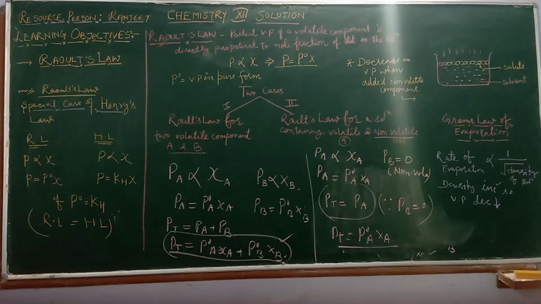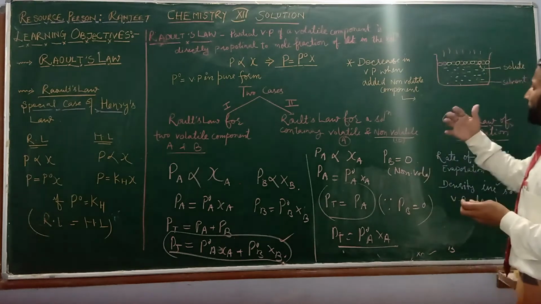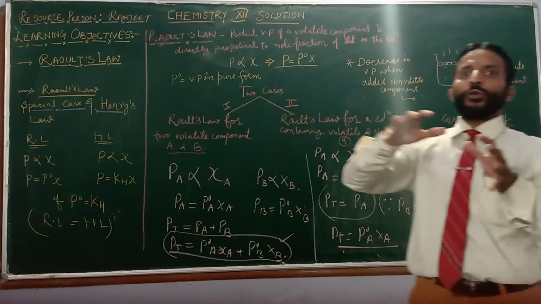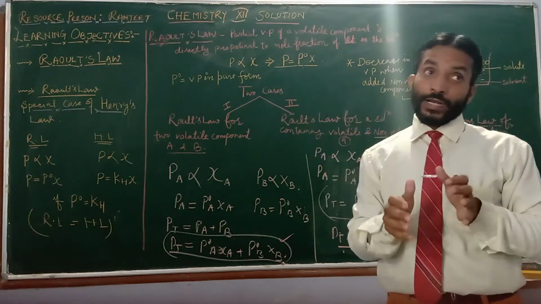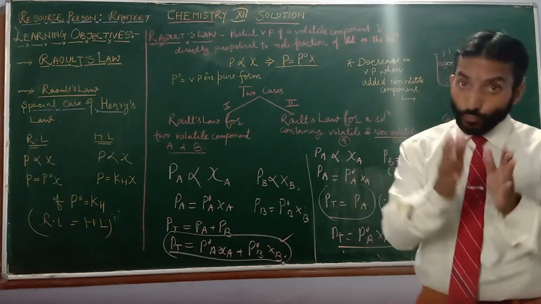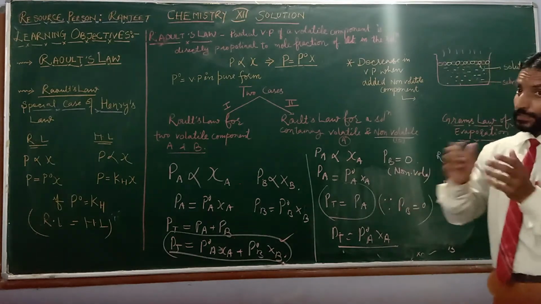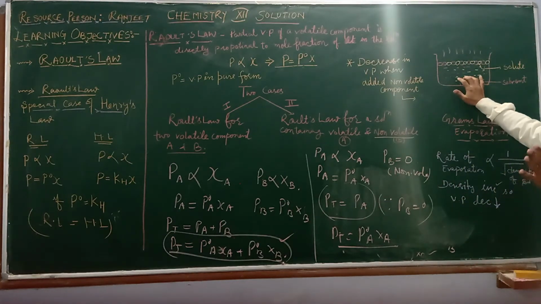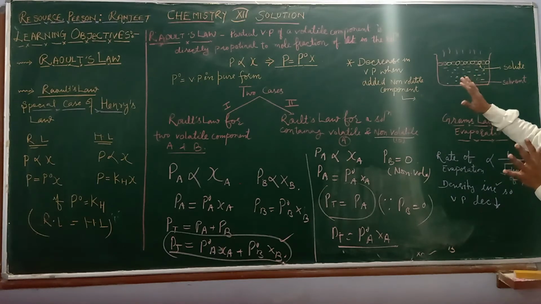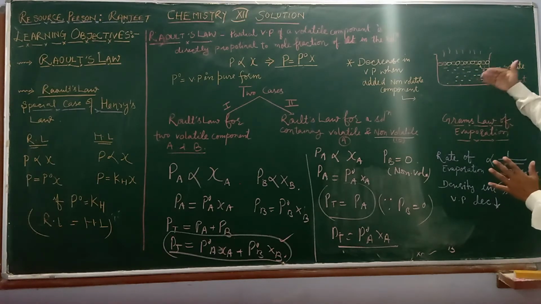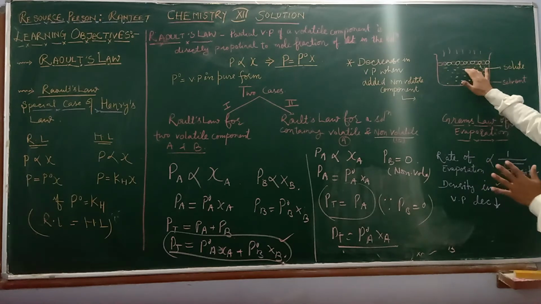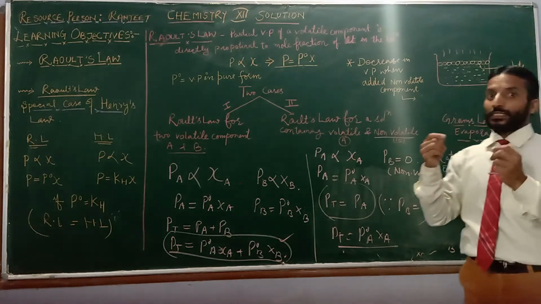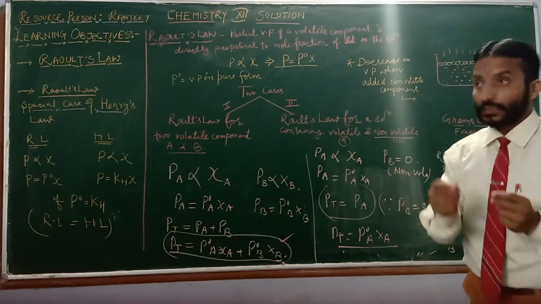Now the question arises, why does the vapor pressure decrease when a non-volatile substance or component is added to a volatile component? Yes, the answer is there. Let us see. When we form the solution by adding volatile and non-volatile, now see what is the condition on the surface, because evaporation is a surface phenomenon.